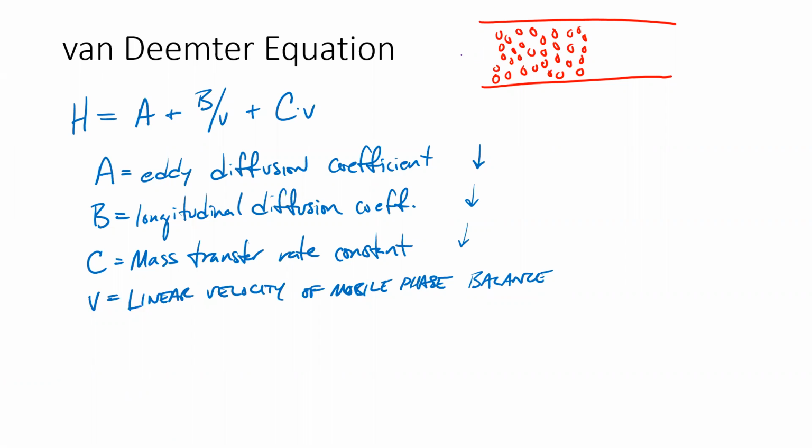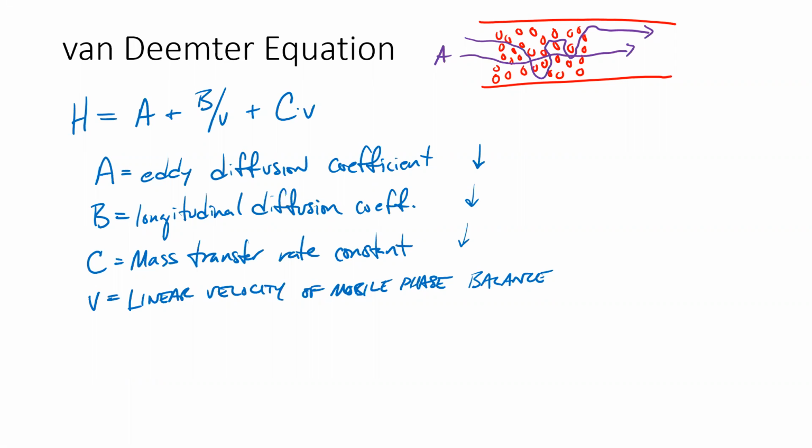It could be that our analyte A travels through here and takes a fairly straight path, right? It could also be, however, that a different molecule of A manages to do this and takes a much longer path. You can imagine that the first molecules that elute off the column are going to be the ones that take the straightest path.